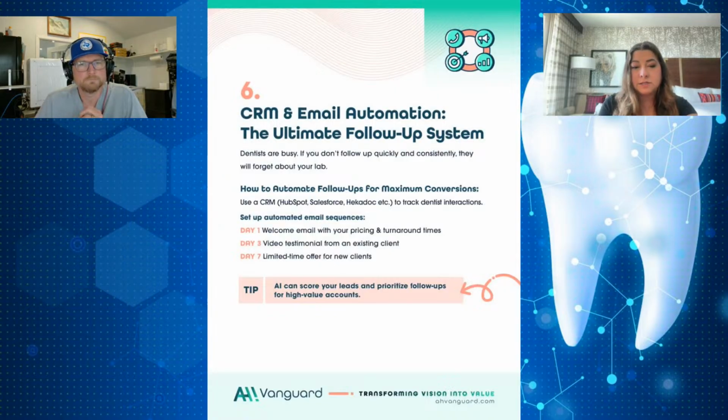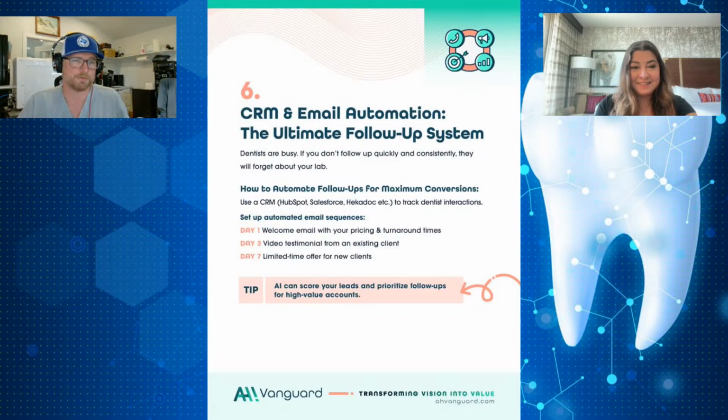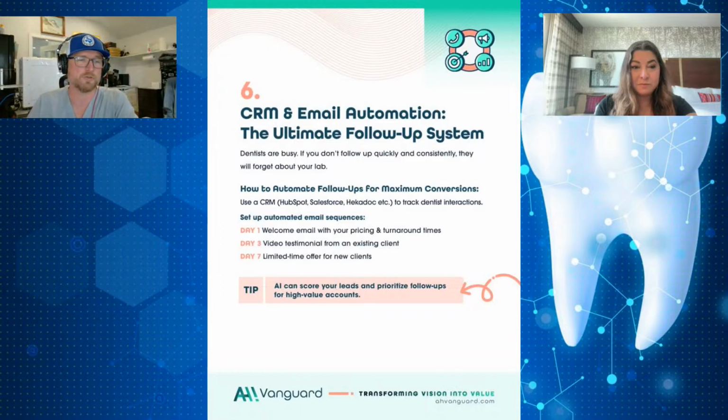That is an automated process where you don't physically have to take the time out of your day. Yeah, that time is valuable in small dental labs for sure. Any lab, I guess, and that's why you hire people to do things for you, or software to do things for you.